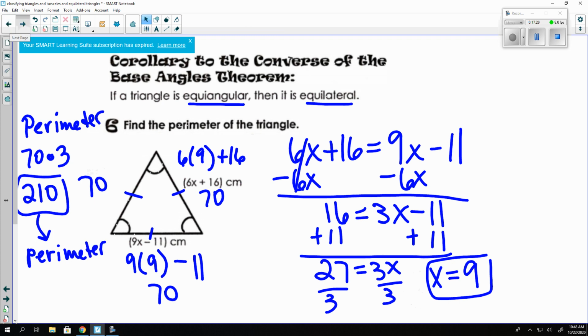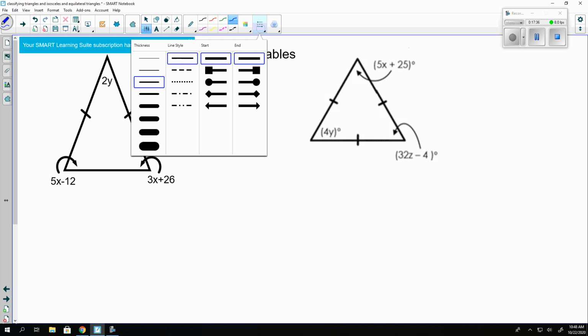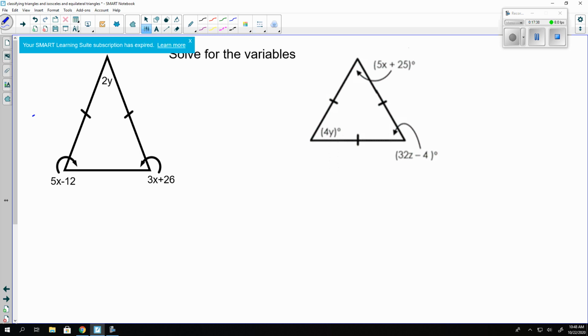Okay. Then we have our last 2 problems here. Okay, on this one, we can see we have 2 congruent sides. So what does that tell us about these angles here? That they are also congruent. So this 5x minus 12 is going to be equal to this 3x plus 26. All right, let's solve.